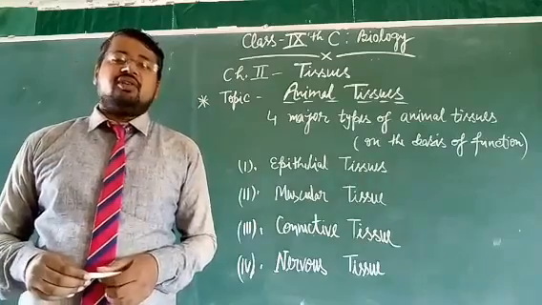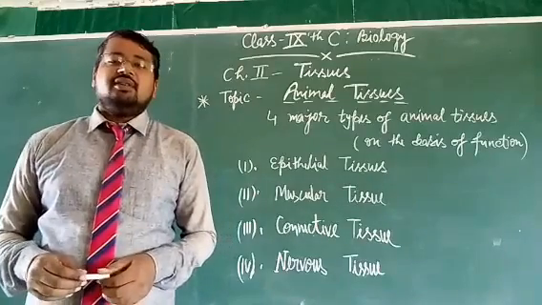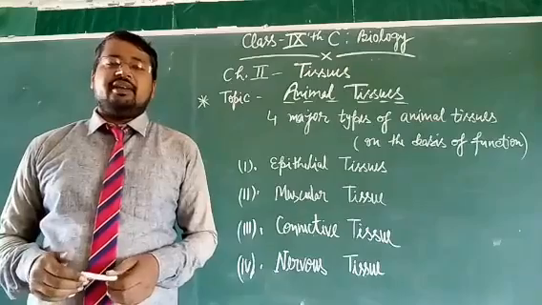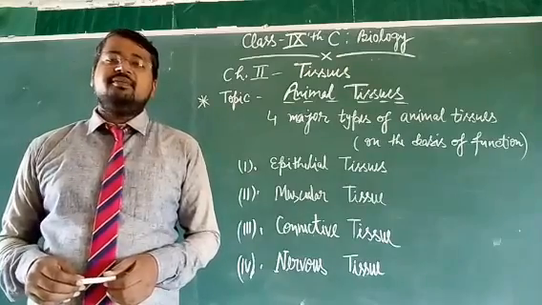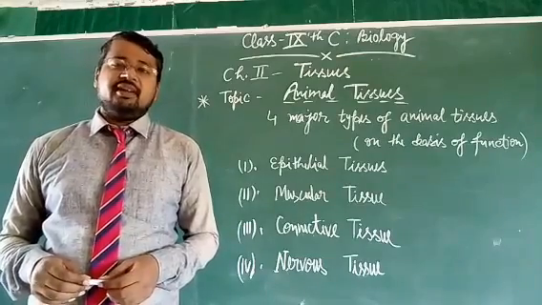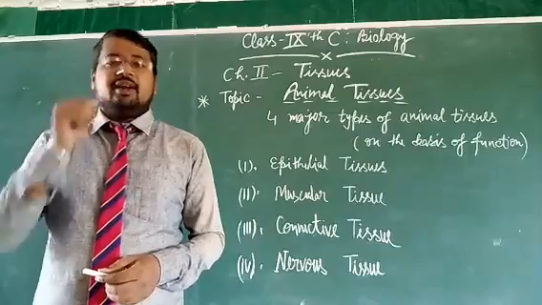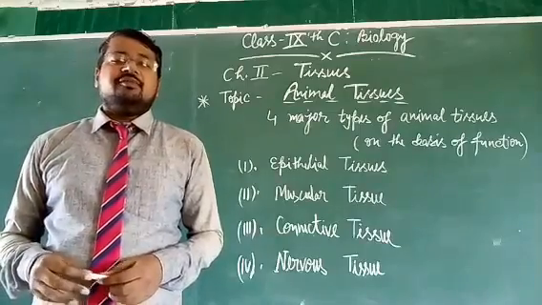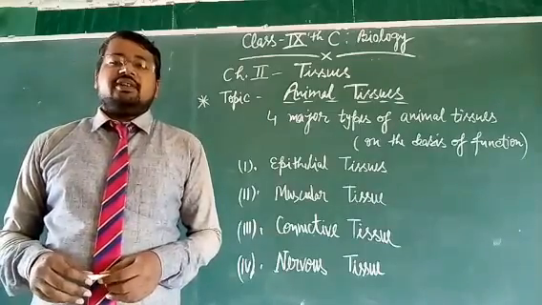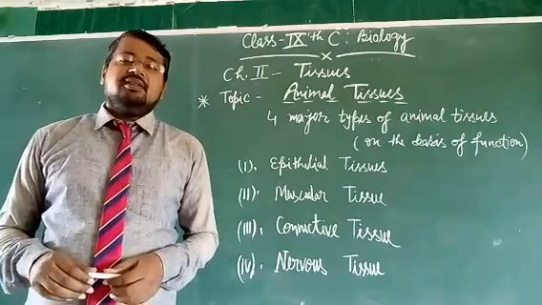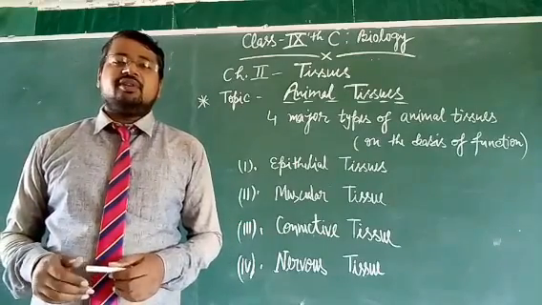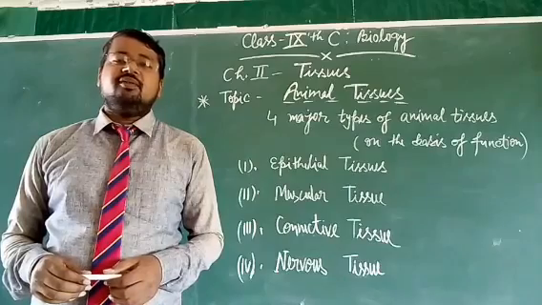Suppose you are going outside in the rain and you are not wearing any jacket or carrying an umbrella, then you will get wet. Same function. If there is no outer covering on the skin of animals or human beings, then what will happen?